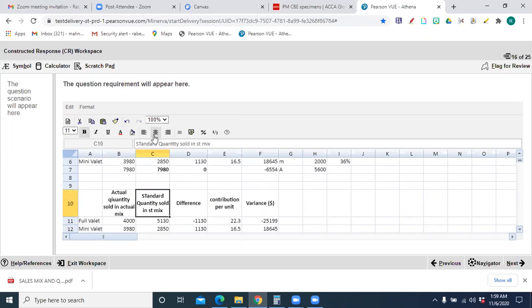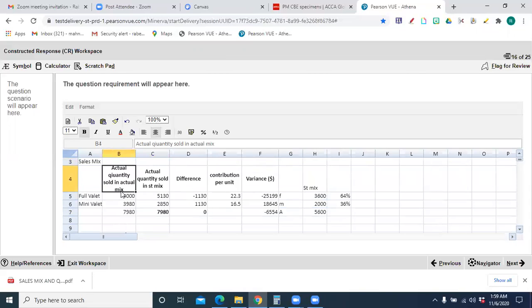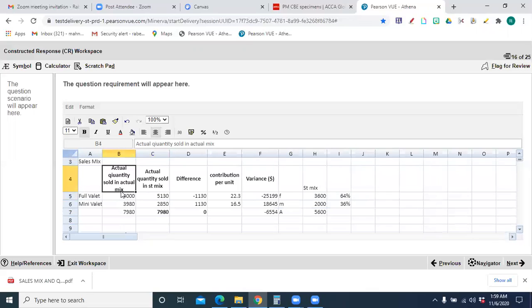What do you think is standard quantity sold in standard mix? Standard quantity sold in standard mix is basically your budgeted quantity. Here you need to take the budgeted quantity. And this column is going to be the same, which is actual quantity sold in actual mix.